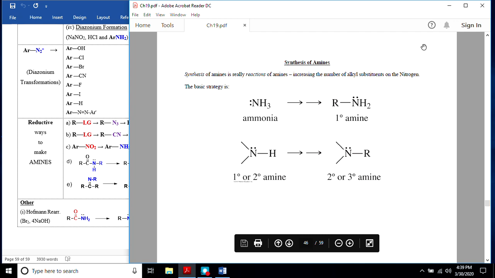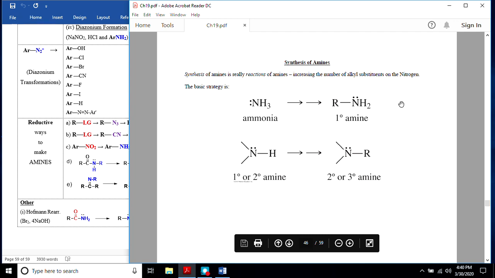So in this particular case, for example, if we start off with ammonia, 0 alkyl substituents on nitrogen, and do one of these processes, we then end up with a primary amine. If we start off with a primary amine, do our chemistry, we end up with a secondary amine, again adding one more R group. Or if we start off with a secondary amine, do this process, we end up with a tertiary amine.